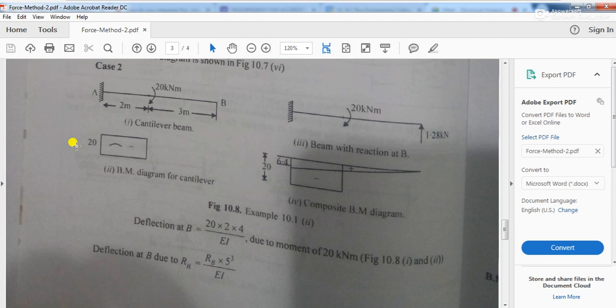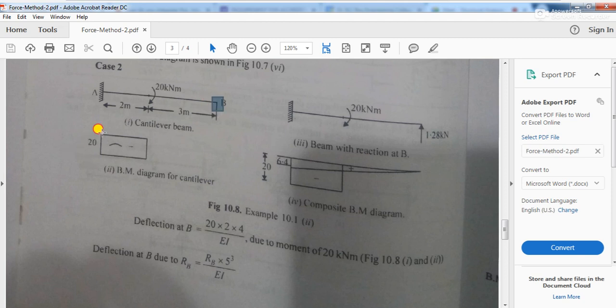So you find the M by EI diagram, then calculate the area under the M by EI diagram, and take the moment of that area about the point where you want to find the deflection. Now in this case, you want to find the deflection at point B.